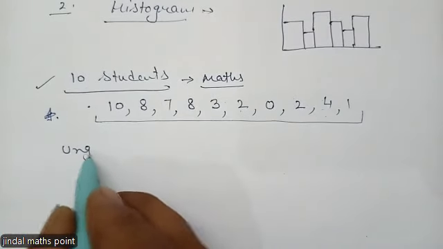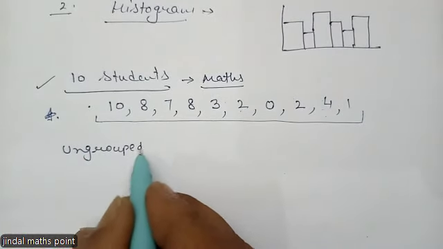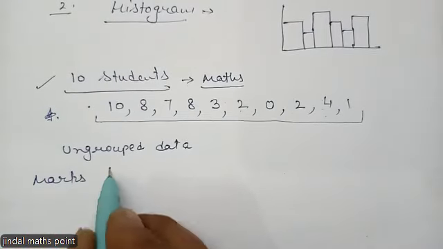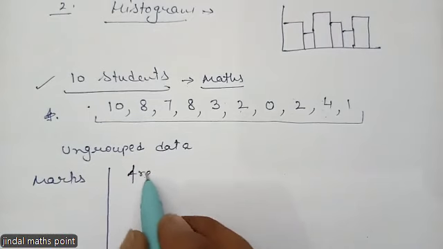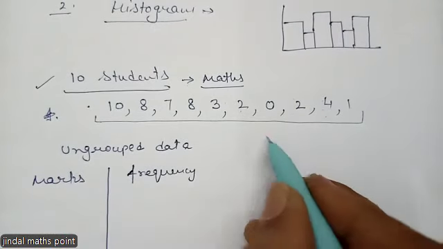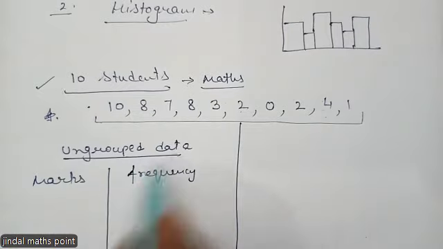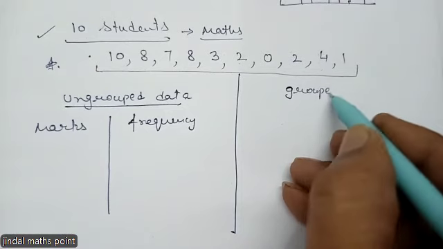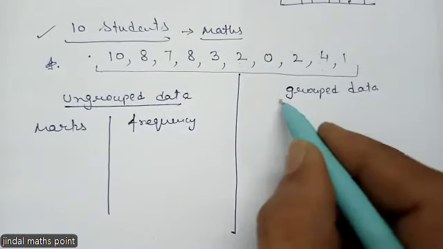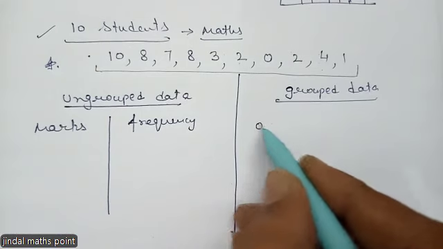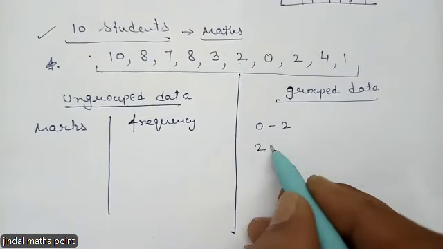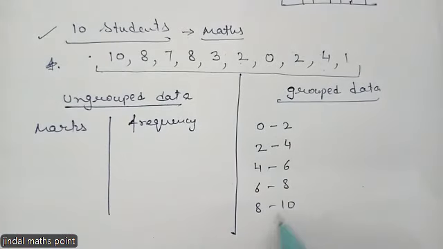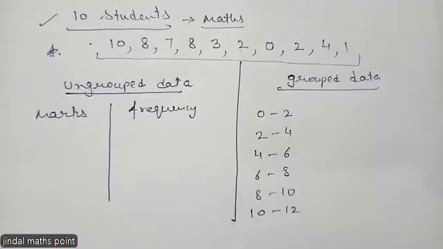I can write the marks of those students in a maths test in ungrouped data: marks, frequency. This is the frequency table for ungrouped data. Now for grouped data, suppose 0 to 2 marks, 2 to 4 marks, 4 to 6 marks, 6 to 8, 8 to 10, and 10 to 12.